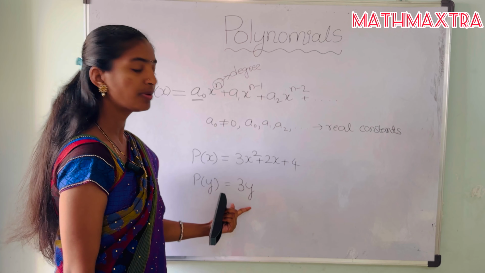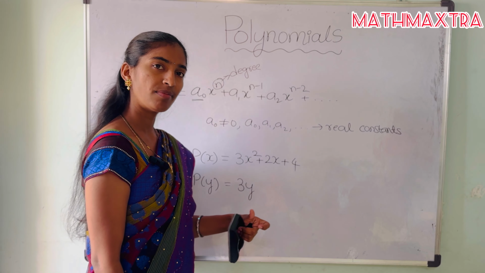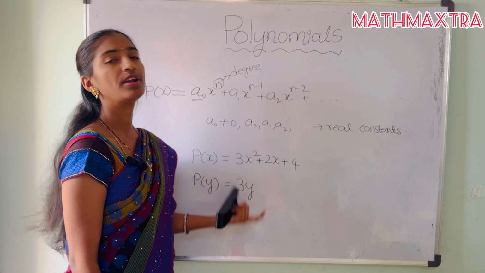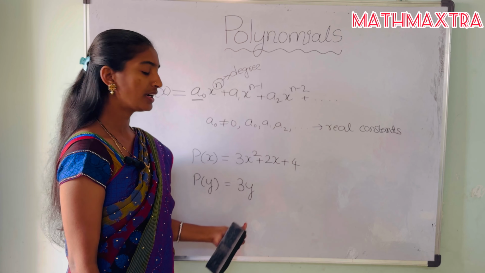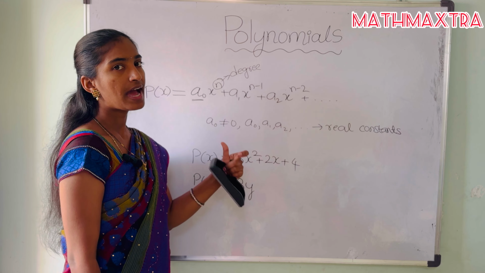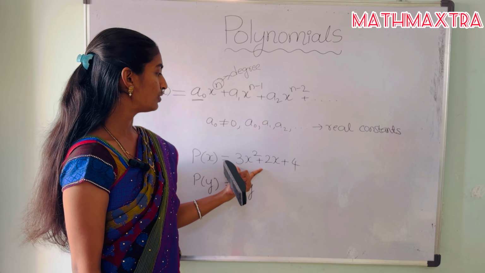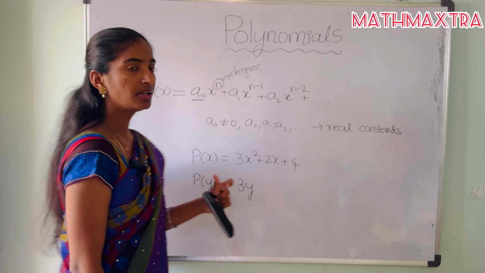Is it an algebraic expression? Yes. Is it a polynomial as well? Yes, because it is in only one variable. So this is both an algebraic expression as well as a polynomial.